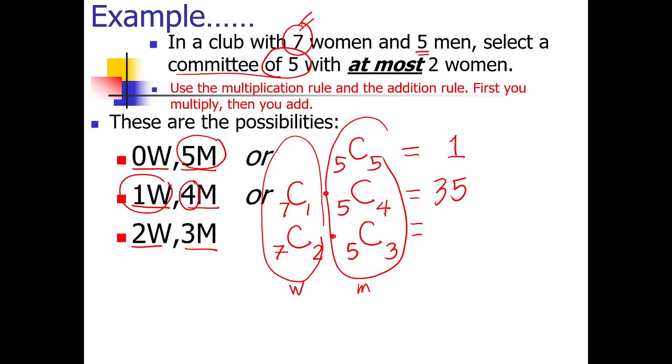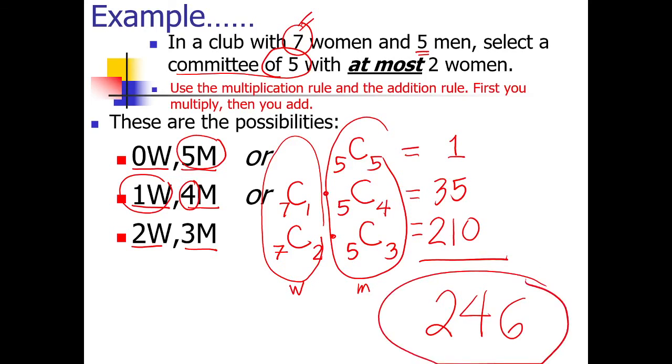What about 7 combination 2 times 5 combination 3? Do you have the same answers? Is it 210? It's 210. Okay, let's add them all. How much is the sum? That 35 and the 1 and the 210. Okay, there you have it. We have 246 ways of selecting the committee. Okay?